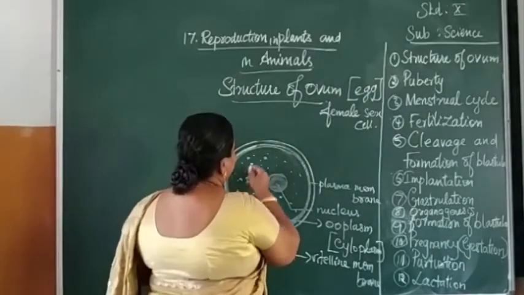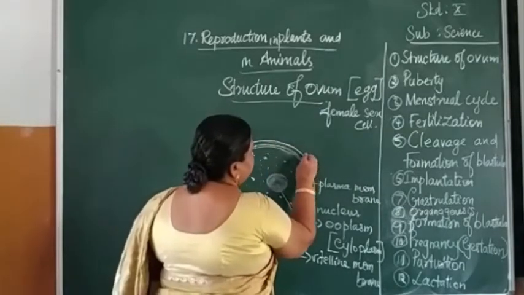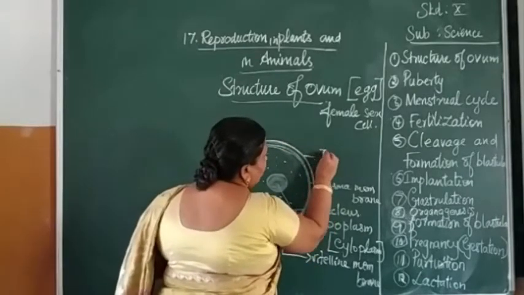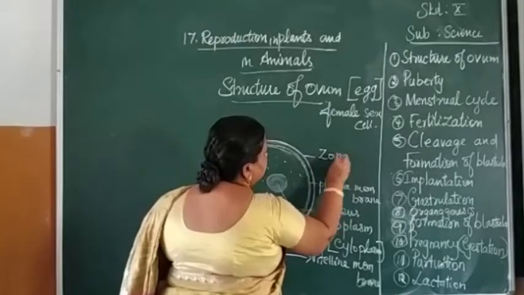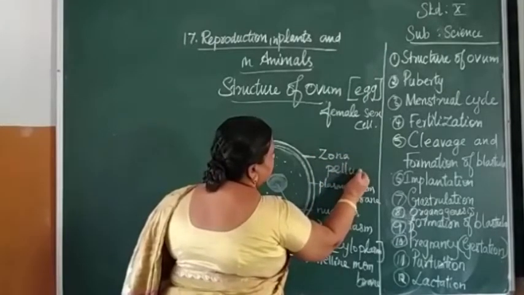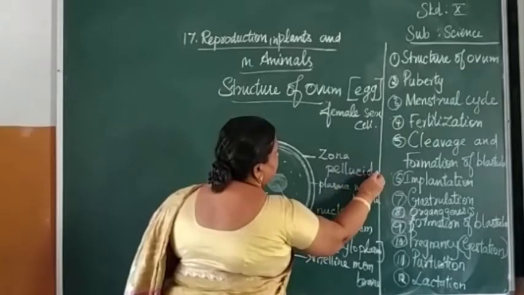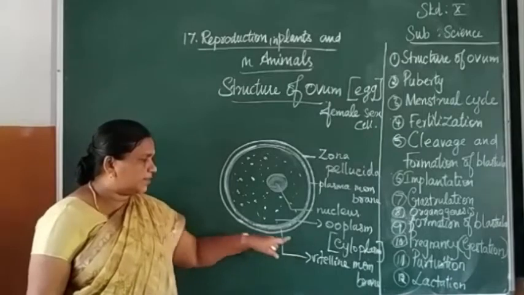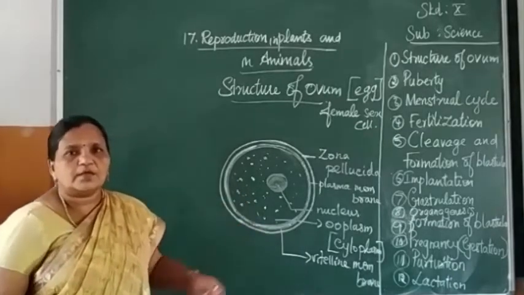The second layer, or middle layer, is called the zona pellucida. The membrane next to the vitelline membrane is called the zona pellucida.